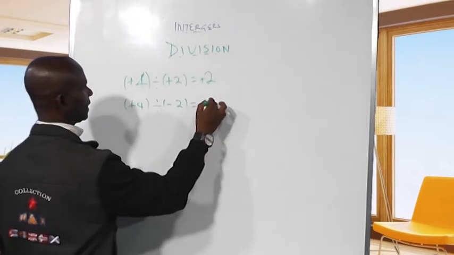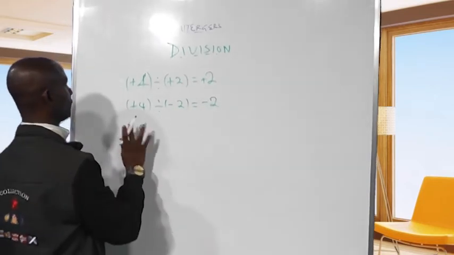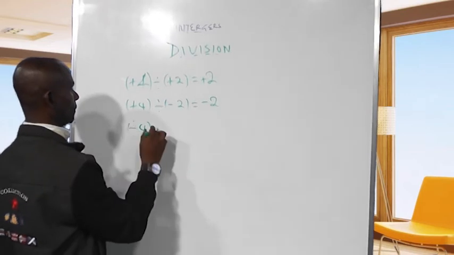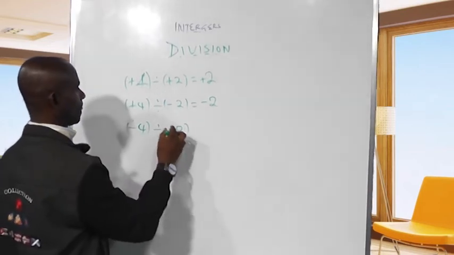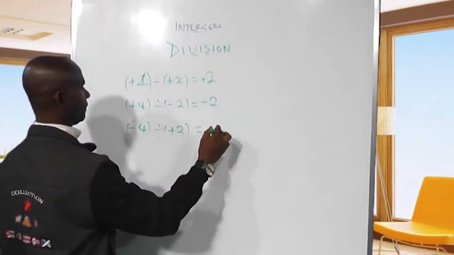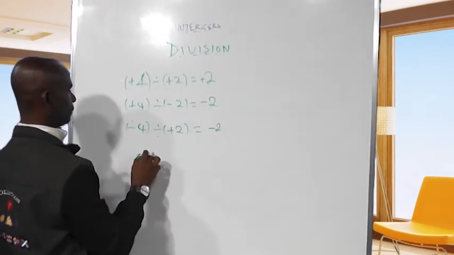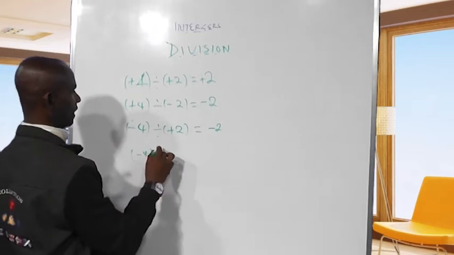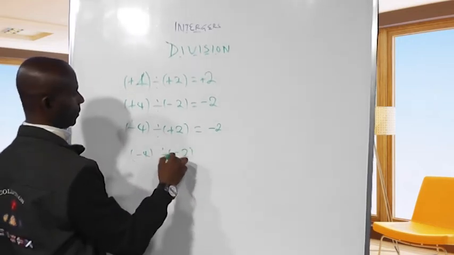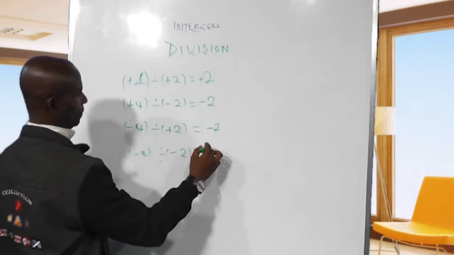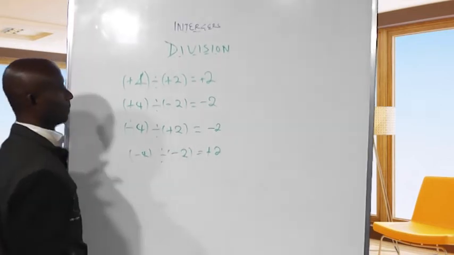Our answer here is negative 2. When we have negative 4 divided by plus 2, our answer here is negative 2. When we have minus 4 divided by minus 2, our answer here is plus 2.